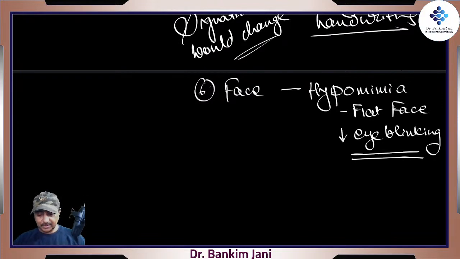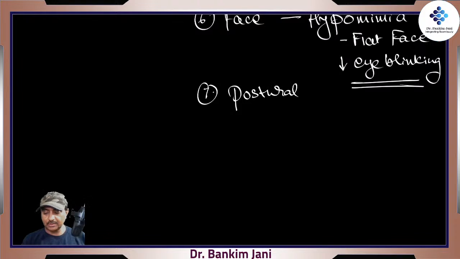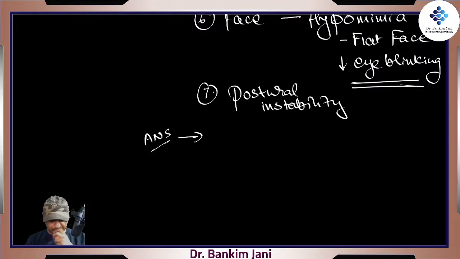Now, as things progress, the rest of the systems start getting involved. That is the autonomic systems, right? So there would be postural instability. And when the autonomic nervous system is involved, there would be constipation, right?